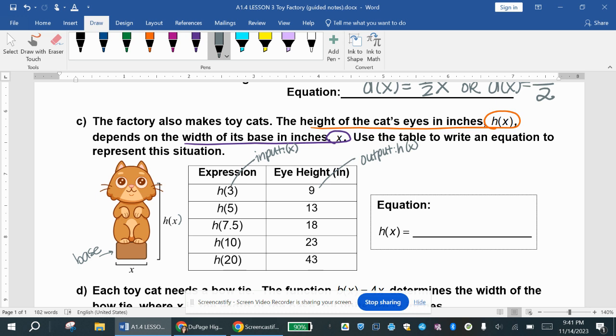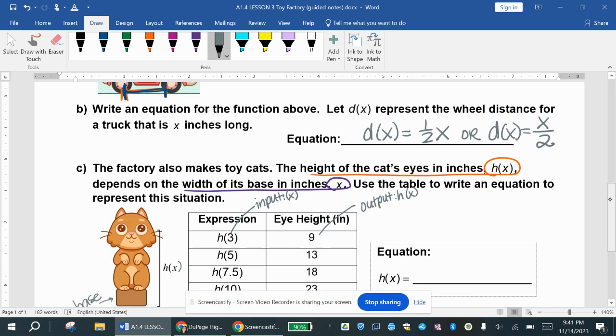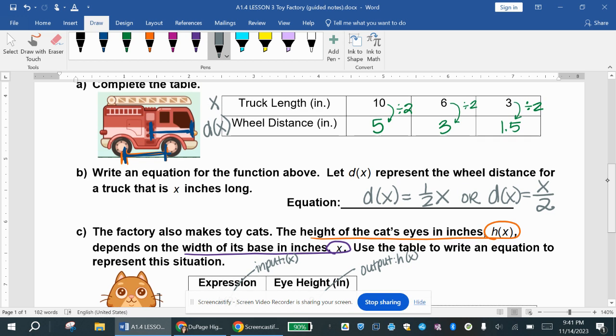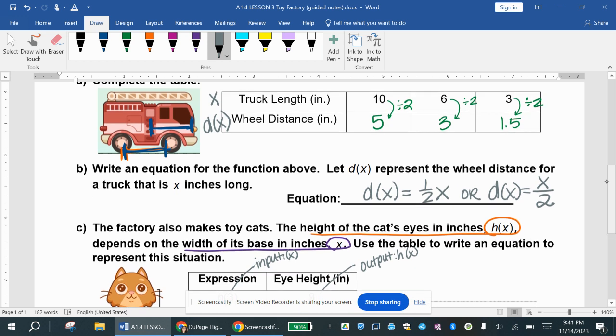So I'm going to ask you to pause the video here and ask yourself, how are the input values related to the output values? You've got to try to find a pattern here. In the previous problem, they told us that the length was always twice as big as the distance between the wheels. In other words, the wheel distance is half of the truck length.